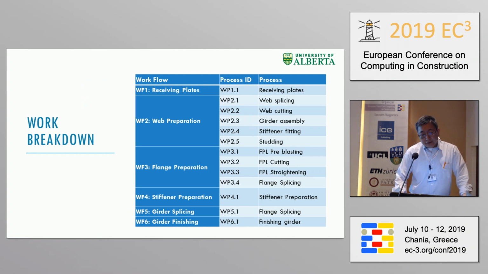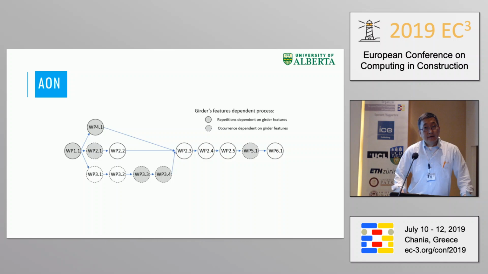Here's a very general work breakdown from the eyes of the project manager. This could be done by any engineering student, so it's not very complicated. And this here is a typical activity-on-node network representation. You see all the components, all the activities, logically connected by those arrows.